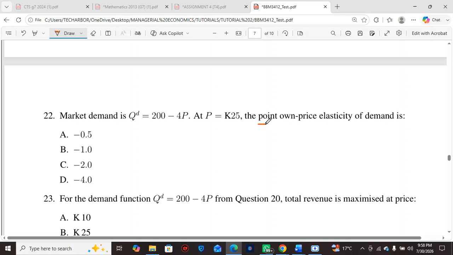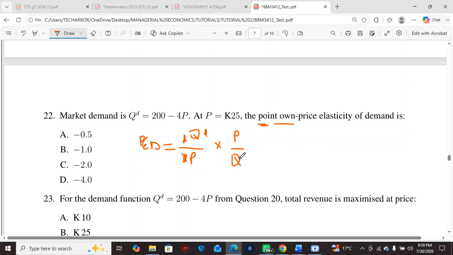To get the point price elasticity of demand, remember, it is the derivative of the demand function with respect to P, multiplied by P over Q. You derive this function and multiply it by P over Q.